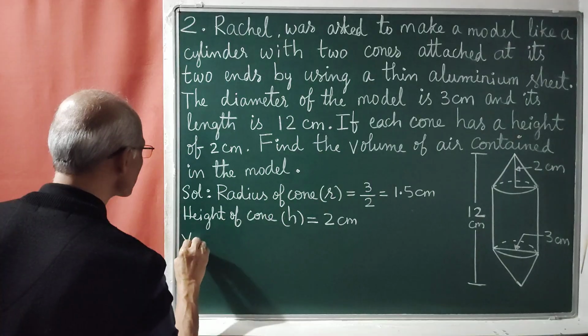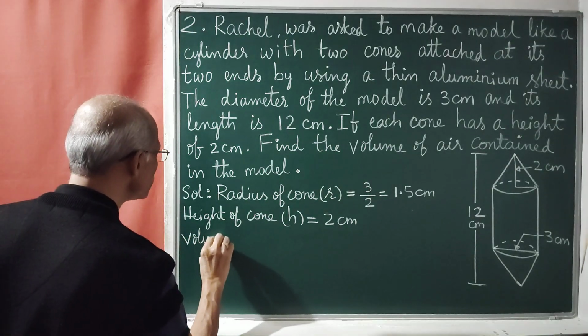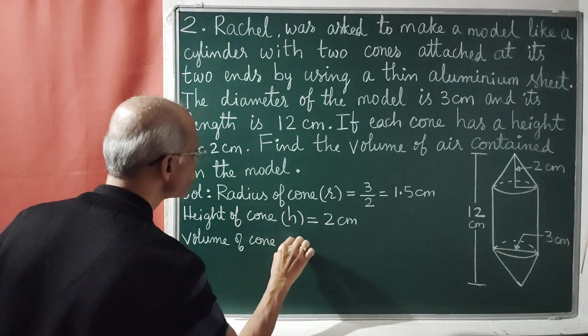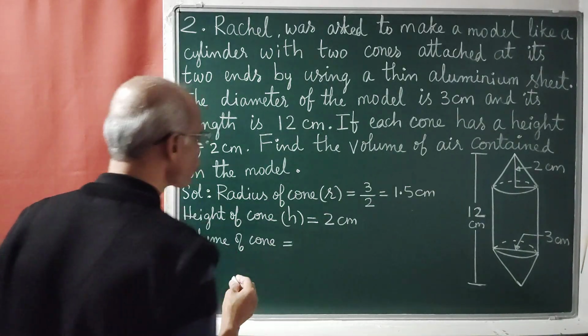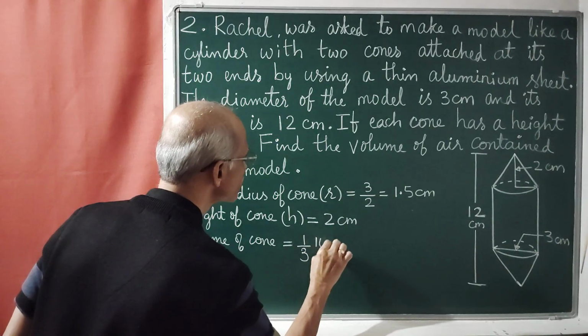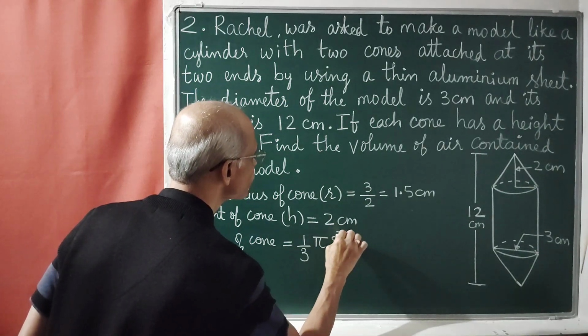Volume of cone equal to 1 by 3 pi r square h.